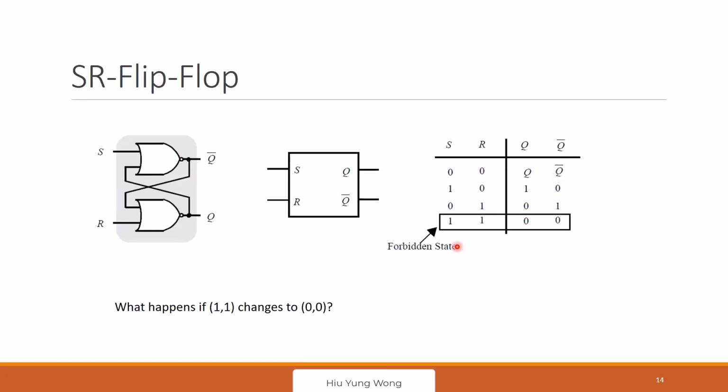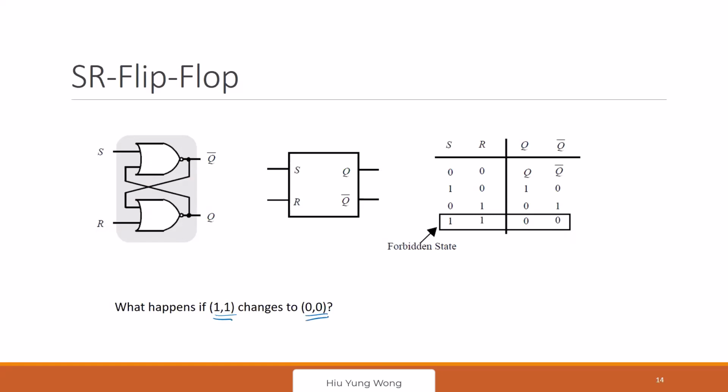But they do have a forbidden state, which is when you say, I want to set it and reset it at the same time. Now you see that this one doesn't really have a big problem in itself. If I put 1, 1, it's a NOR gate, right? So if this is 1, output is going to be 0. And if this is 1, this is 0, output is 0. So you do have 0, 0. The problem is, what if you enter this 1, 1 state and then you change to 0, 0?